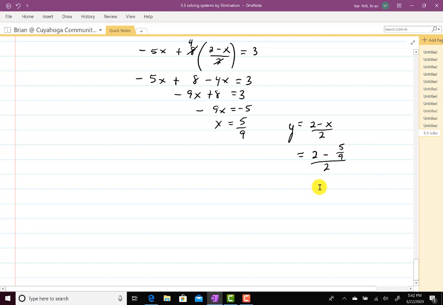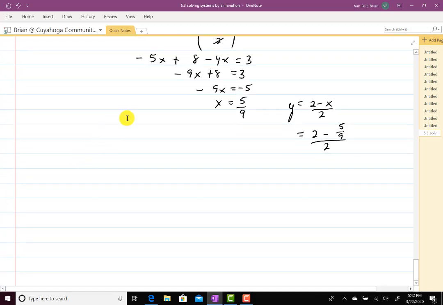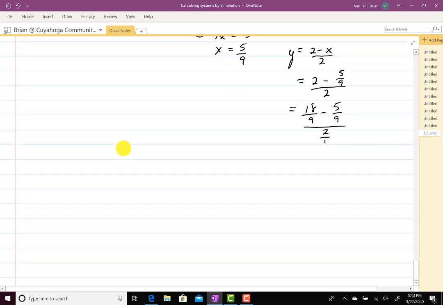There's an abundant ways to do it. I'm going to try to go as most straightforward as I can, and that will be to rewrite the 2 as being 18 over 9 so that I have common denominators. Now this 2 at the bottom, change it to a 2 over 1 so you know what to do with it once you've simplified the numerator.